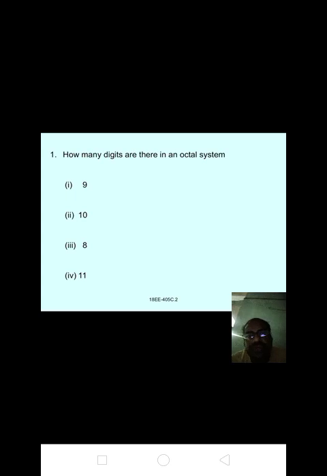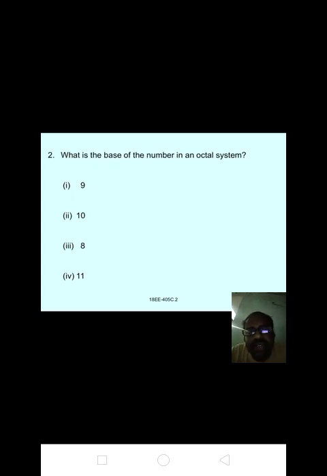How many digits are there in the octal system? Options 9, 10, 8, 11. It is 8. What is the base of the number in an octal system? Options 9, 10, 8, 11. That is 8. What is the octal equivalent of decimal 8?